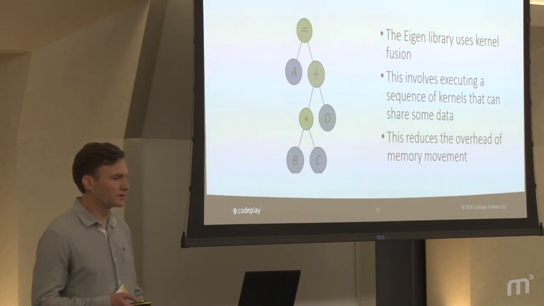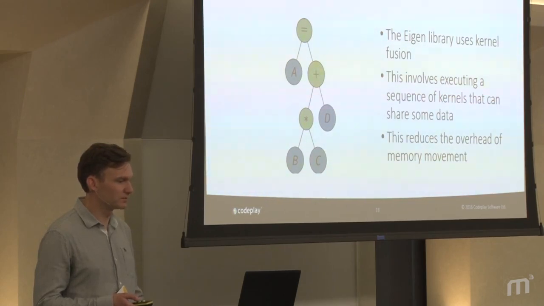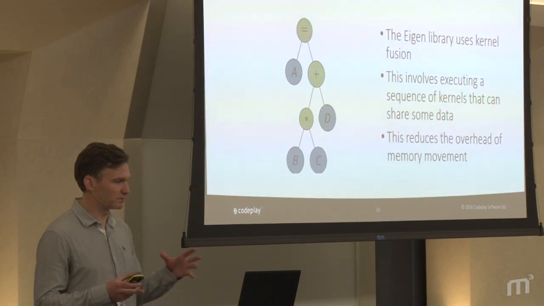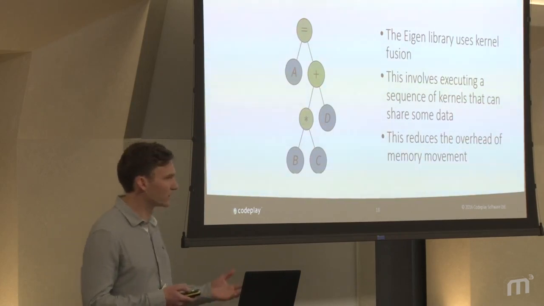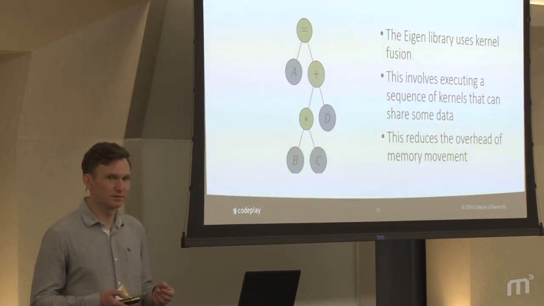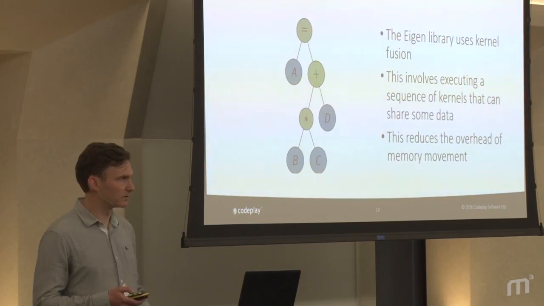So the Eigen library uses something called kernel fusion. What this involves is basically, as it would describe, fusing different operations together so that they can be run simultaneously or in parallel on the processor.